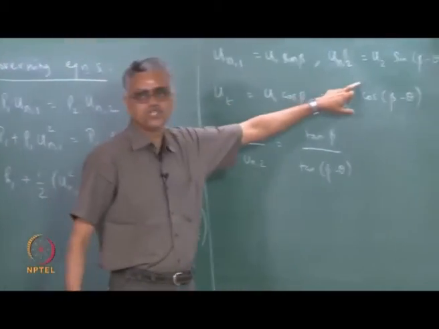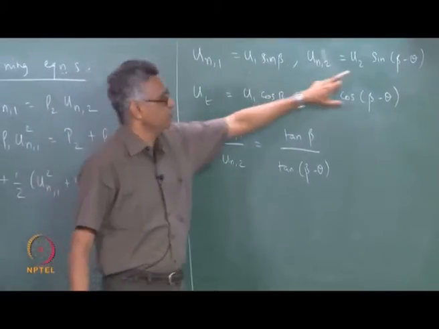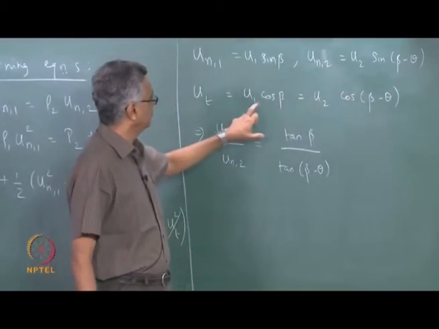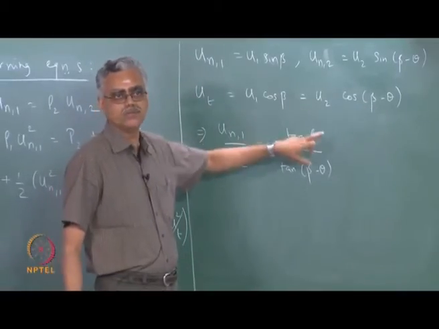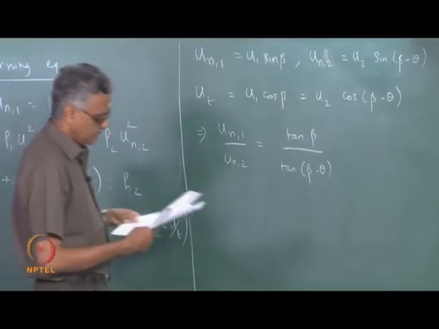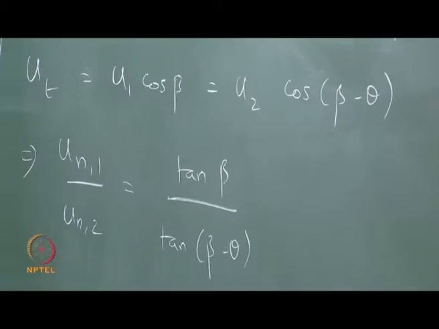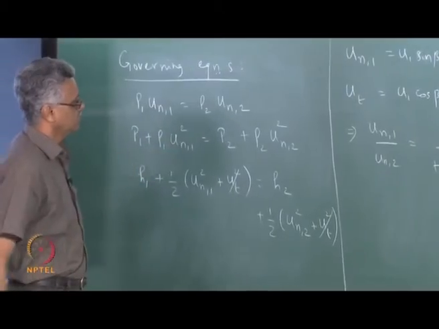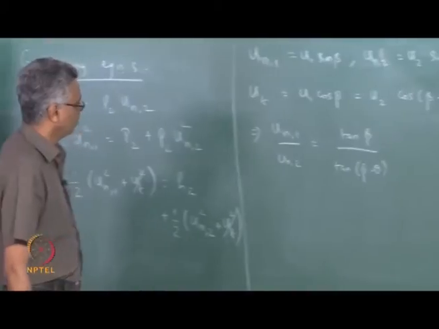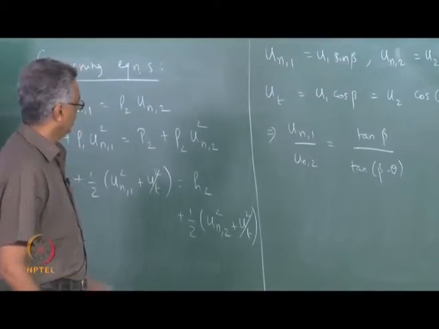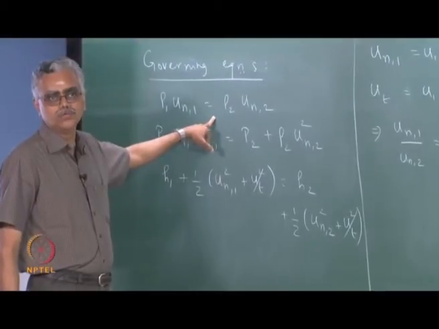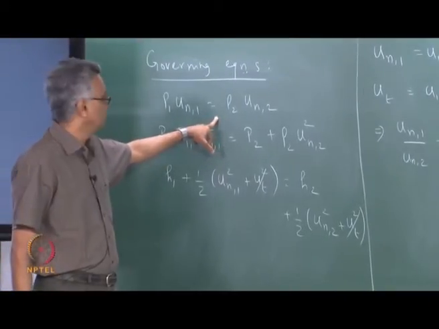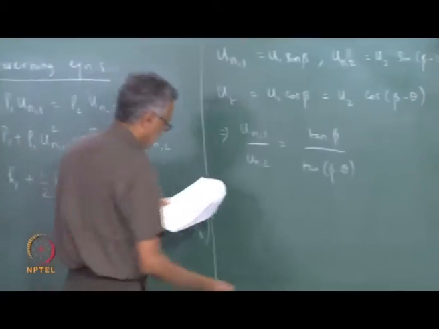So if I divide these two expressions, I get a u1 over u2, and I can get u1 over u2 as cosine beta minus theta divided by cosine beta. So I have eliminated that, and I end up with something like this. This is one relationship for un1 over un2. But I can also see from here that un1 over un2 is equal to rho 2 over rho 1.